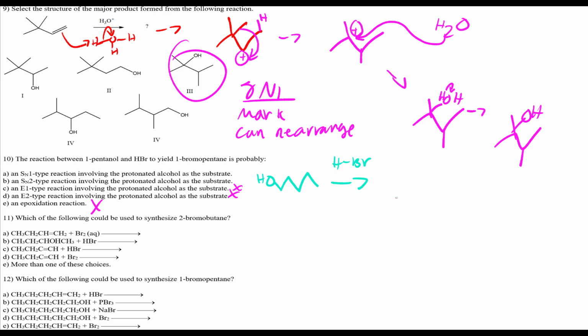Well, 1-bromopentane is this, 1, 2, 3, 4, 5, and we have a bromine on the first right there. Okay, well, what happened? Well, this alcohol is a primary alcohol, and this bromine is primary as well. Now, SN1 or SN2? It has to be SN2. Why is that?